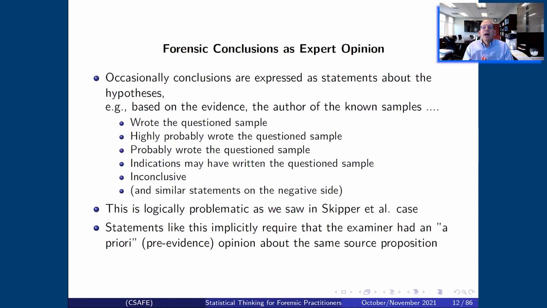It is not, in my opinion, appropriate for examiners to be making probability statements about the hypothesis. And in this case, the hypothesis is, did the known source write the question samples?